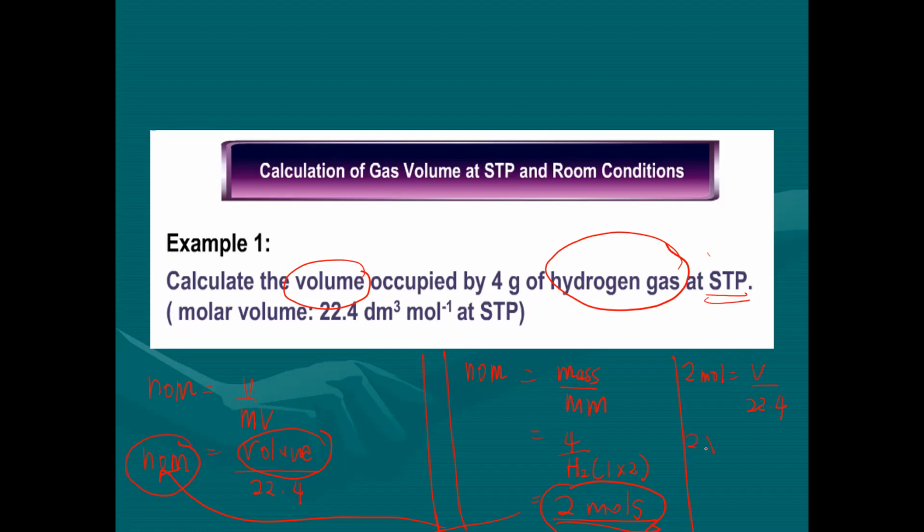Yes, no problem. 2 times 22.4, what would I get? 44.8 dm cube. Here my unit is mole, and 22.4 is decimeter cube per mole, which means this and this can cut. So what is left is my decimeter cube only.